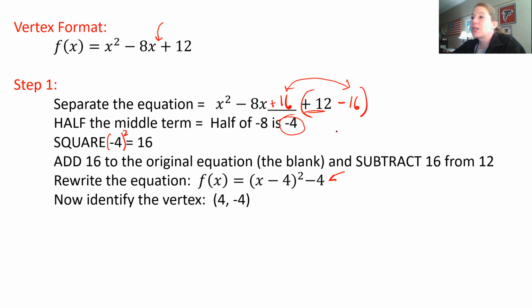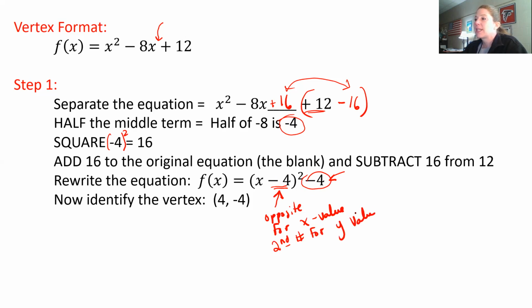Now we're going to identify the vertex. Whatever this number is right here, we take the opposite of it, the opposite of -4, for our x value. For the y value, we're not taking the opposite; we're taking the second number, the outside number.